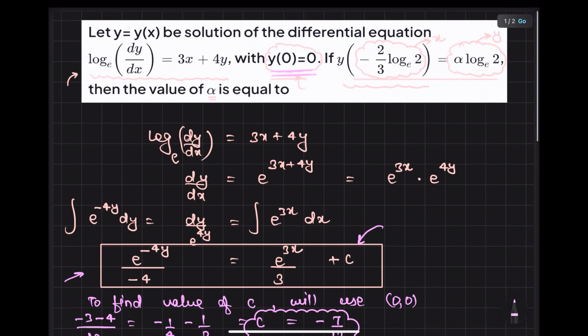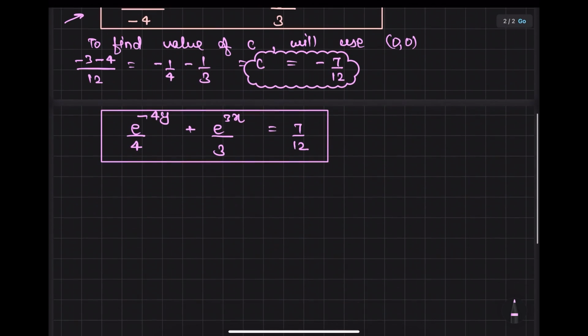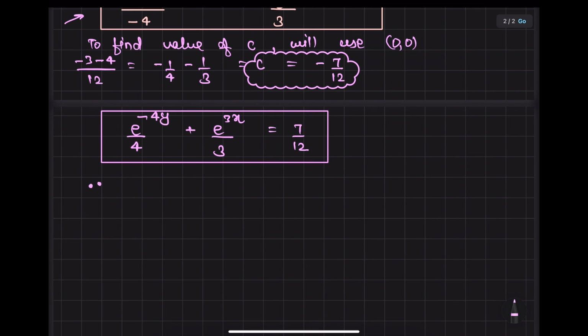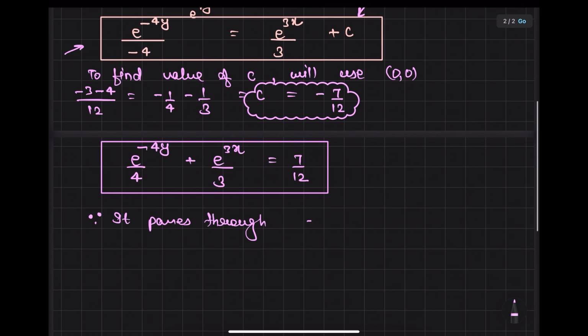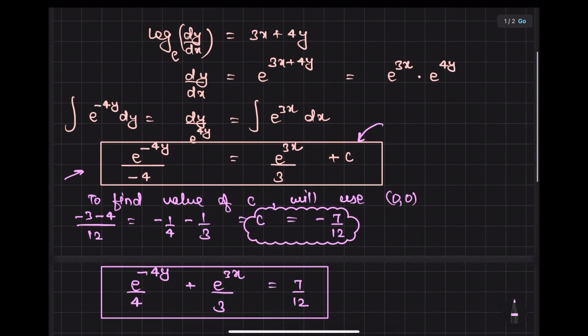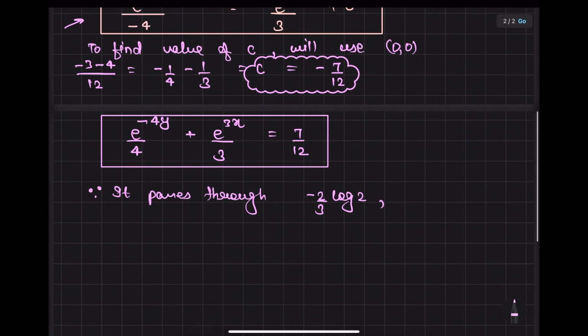Now they are saying that our curve is satisfying this point as well, meaning the x coordinate is this and the y coordinate is this. So it passes through minus 2 by 3 log 2, comma, alpha log 2.